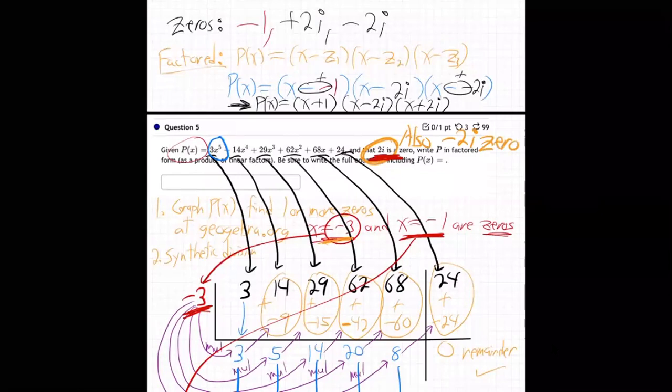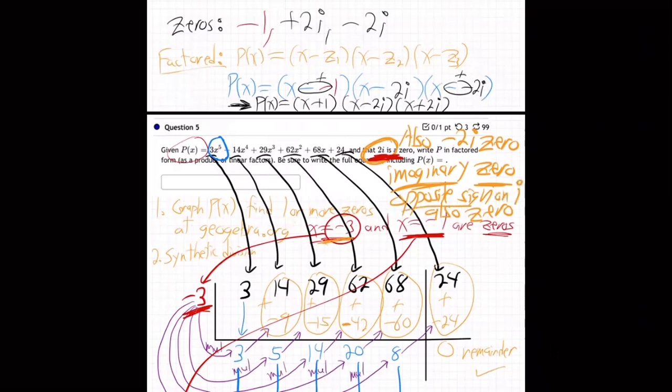Basically, if you have an imaginary 0 for a function, technically called a complex 0, there's a theorem that says the opposite sign on the imaginary part is also a 0.